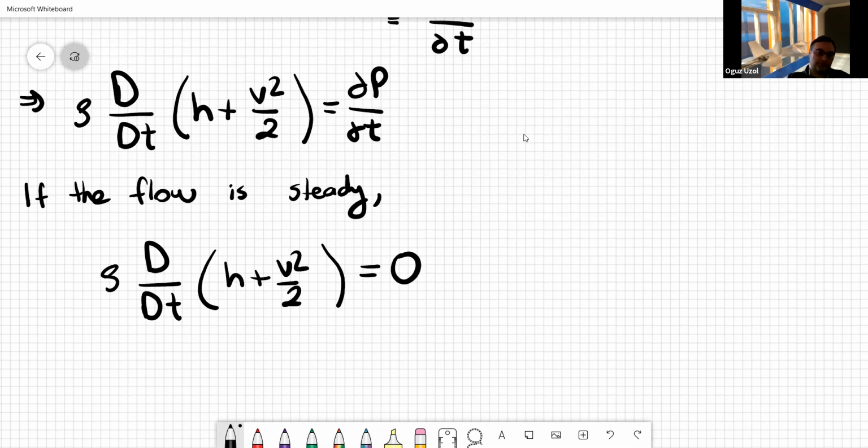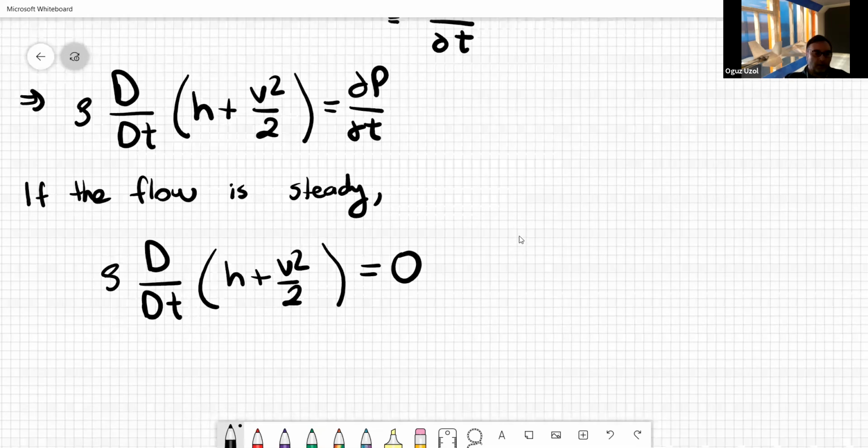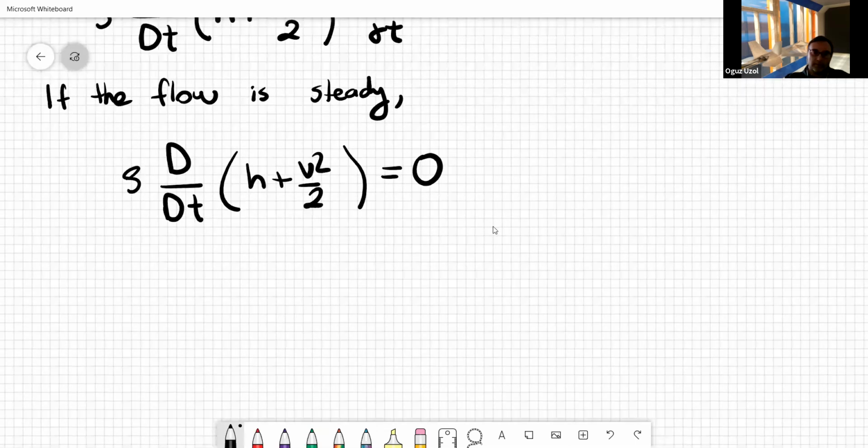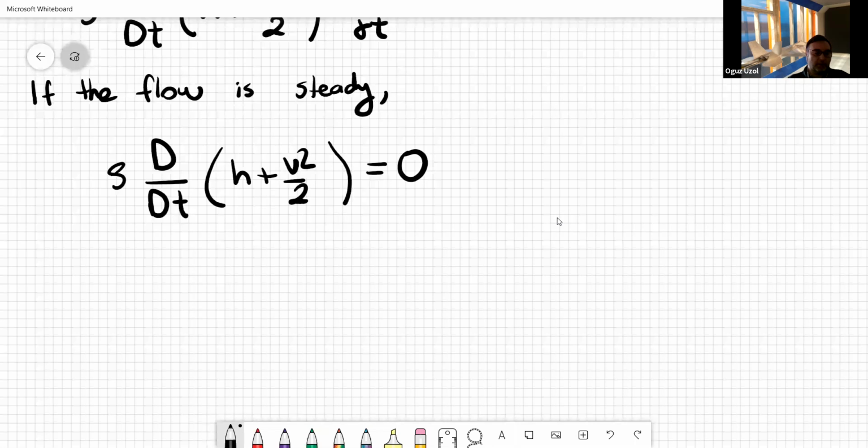Therefore, here basically what we can say is the total, substantial derivative of this quantity is zero, since rho cannot be zero. It's density, it will have a finite value different than zero.